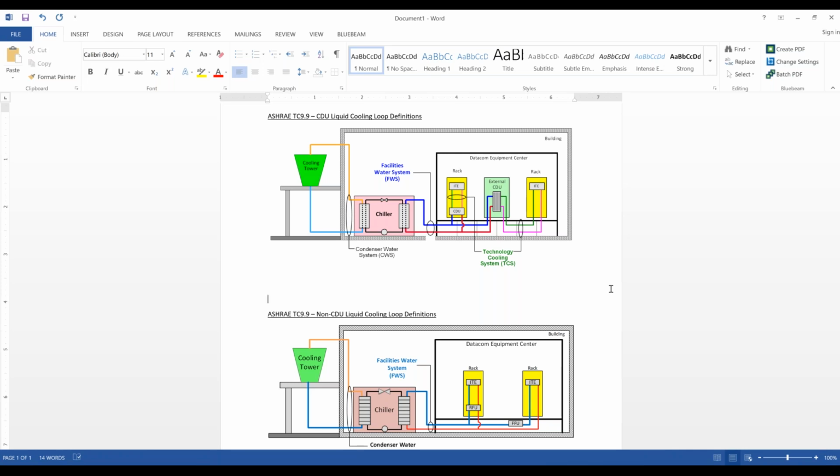So, for example, the path from the rear door heat exchanger back to its CDU may have a unique wetted material chemistry, and that may look different than the path from a cold plate back to a CDU, for the points that you've already mentioned. But from CDU back to data center, those loops probably look very similar. So I think we'd want to define commonality where it exists.